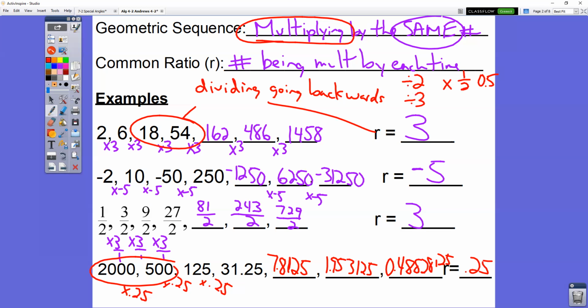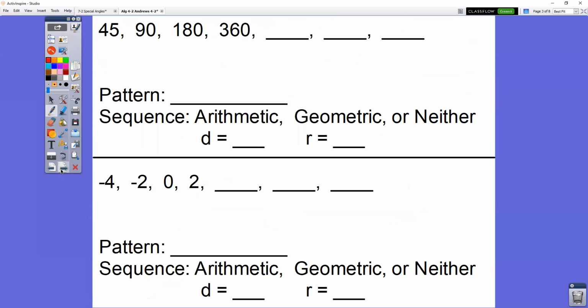Dividing by 3 is the same thing as multiplying by 1/3 or 0.3 repeating. If you thought that the pattern is dividing by 4, that's the same thing as multiplying by 1/4 or 0.25, and so on and so forth. So if you think that you are dividing by a number, you can't put dividing as your common ratio. You have to put the multiplying by whatever the decimal is. So be very careful there.